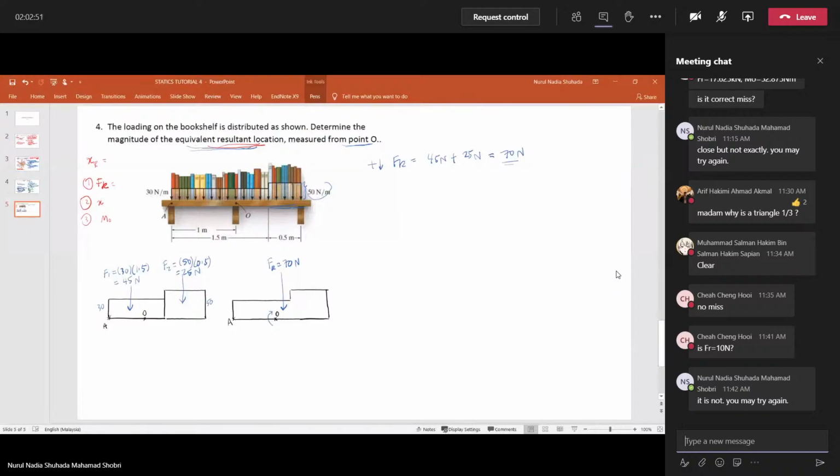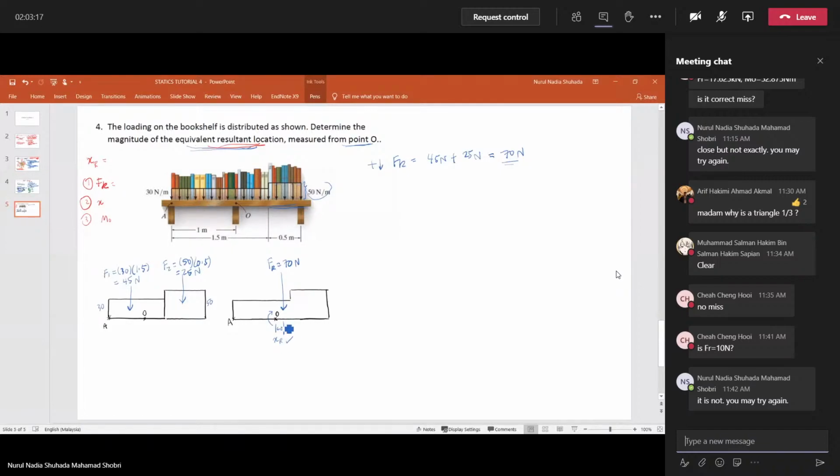Okay, so what the question wants is actually here: the distance of the resultant force to the point O. So how can we find the value of x?